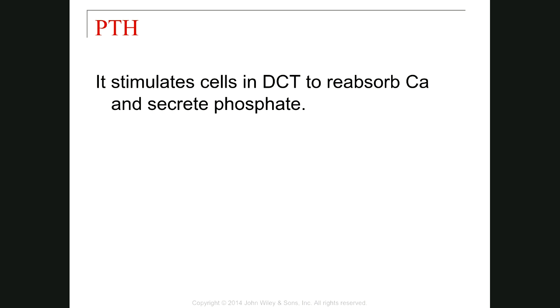When the amount of calcium in our blood decreases, PTH is secreted. It can sit on the distal convoluted tubule cells and help reabsorption of calcium ion. When we have reabsorption of calcium ion, water can move after that. And you need to know that PTH is very important for secretion of phosphate into our urine.